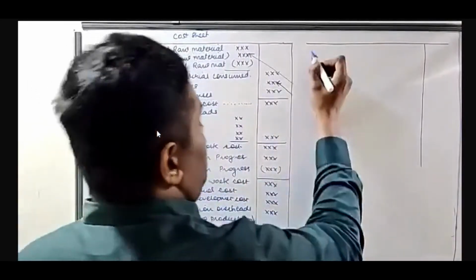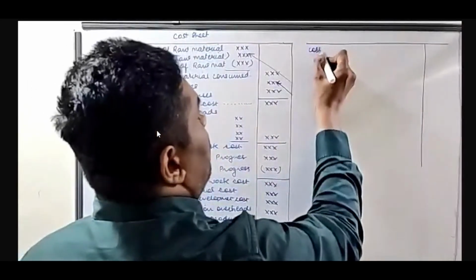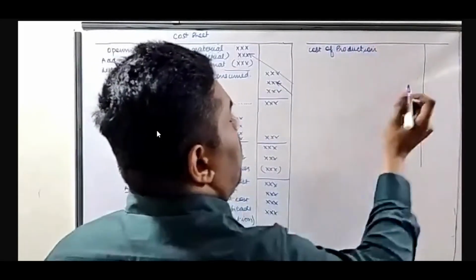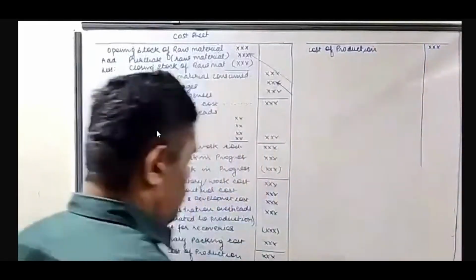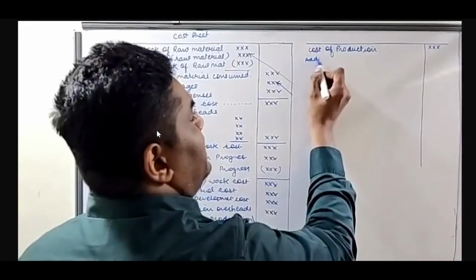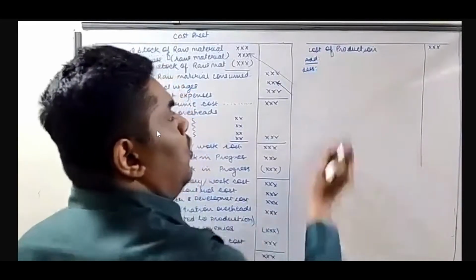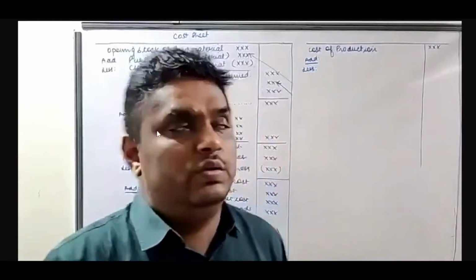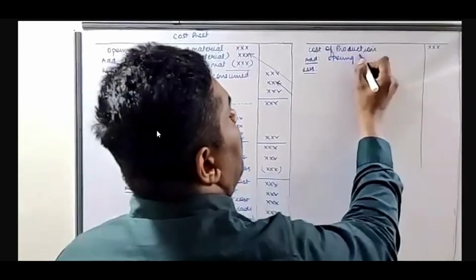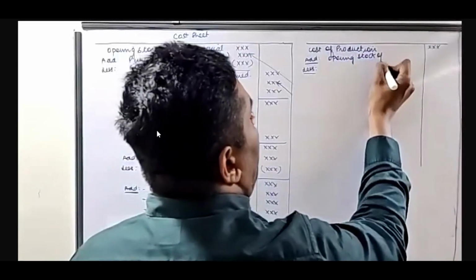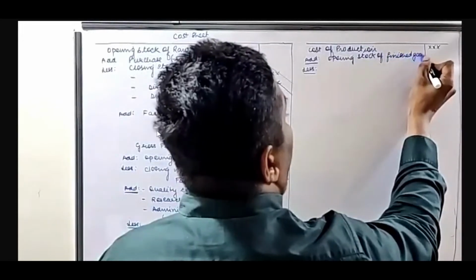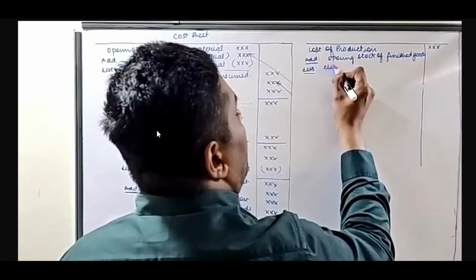So we have calculated the cost of production and are carry forwarding this figure. I have calculated this cost of production. In this, we will make adjustments of opening stock and closing stock of finished goods.